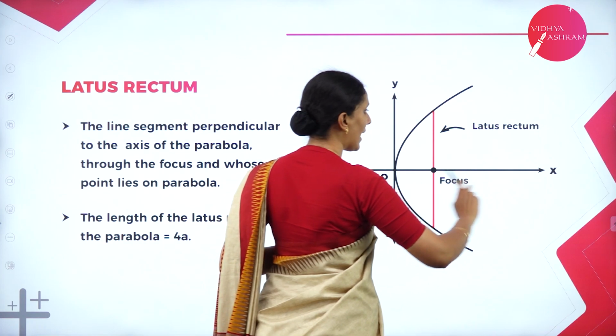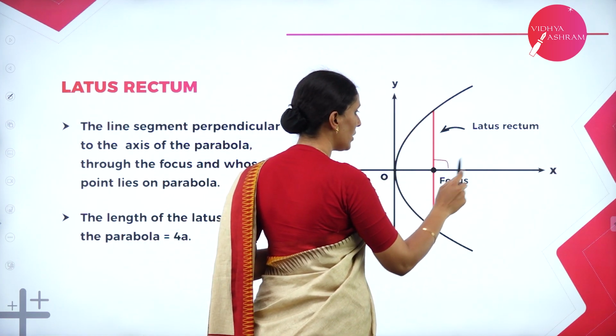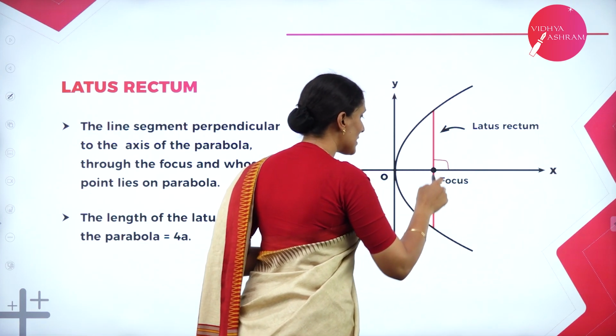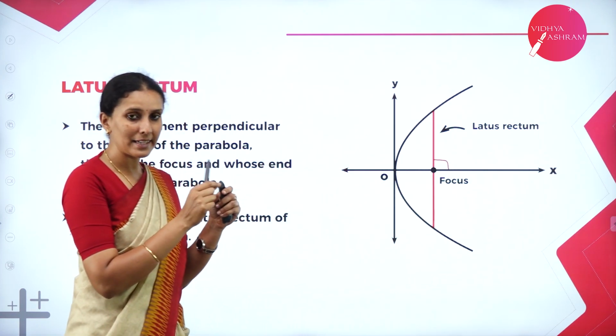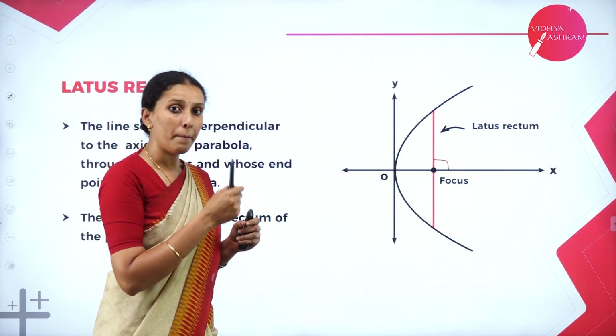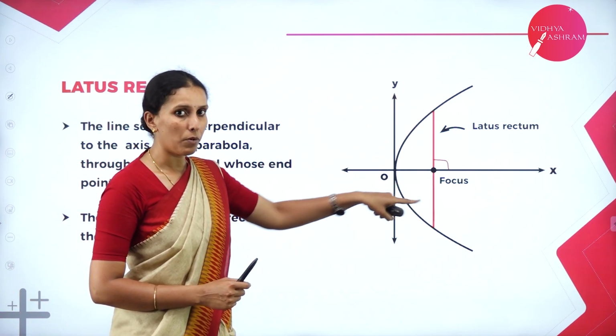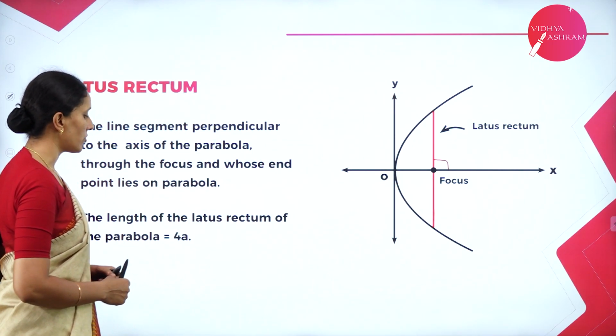Here I have taken the axis of the parabola as x-axis, and it is perpendicular to the x-axis, passing through focus. So a line segment perpendicular to the axis of the parabola and passing through the focus and touching the curve at two end points is nothing but the latus rectum.